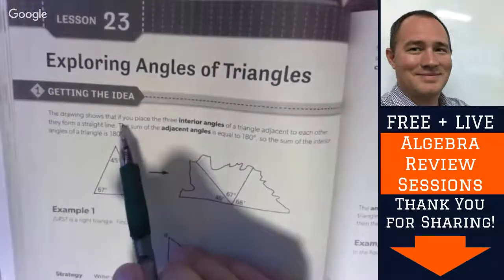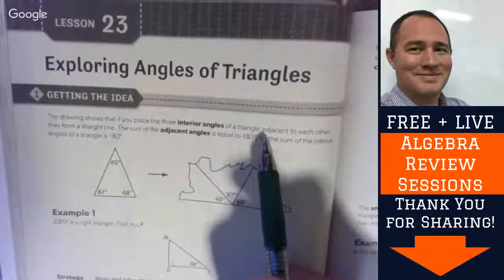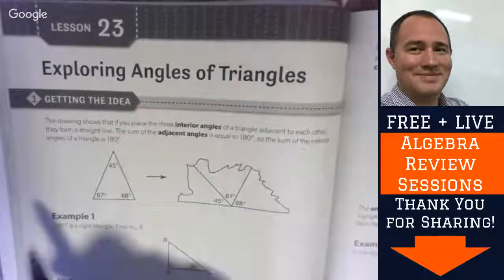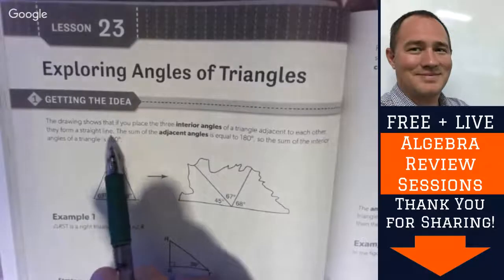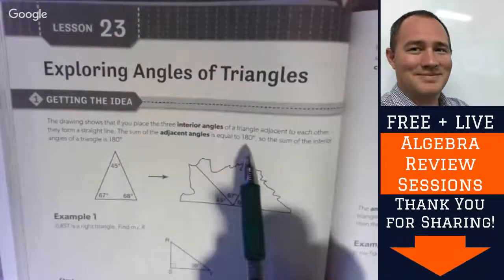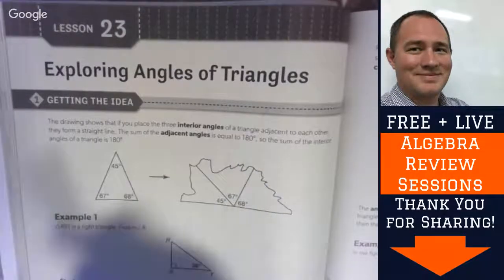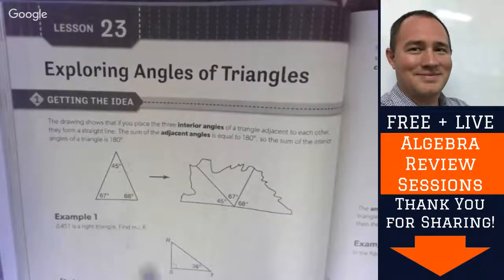So the drawing shows that if you place the three interior angles of a triangle adjacent to each other, they will form a straight line. So the sum of adjacent angles is equal to 180 degrees, which means the sum of the interior angles of a triangle is 180 degrees.